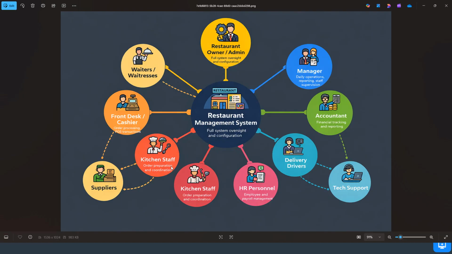They receive the order that is placed at the cashier desk, and they prepare the order for the waiters to come and take it. So the waiters come in, take it from the kitchen staff, go deliver it, come back. They do that kind of process.